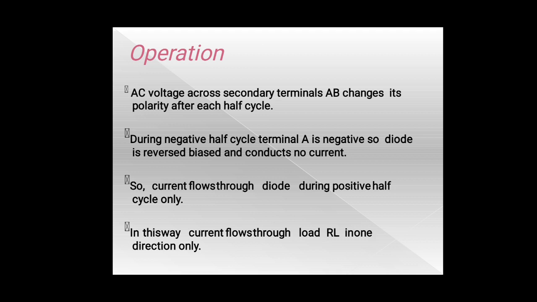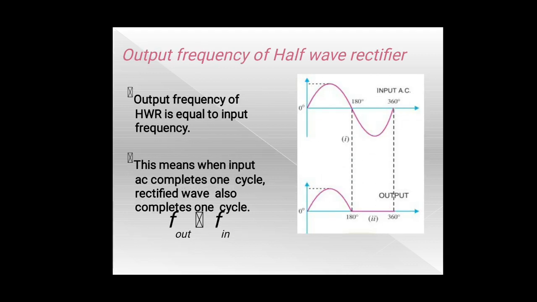In this way current flows through load RL in only one direction. So this is the input AC supply. The output appears as it is during only the positive half cycle, and there is no current during the negative half cycle, and hence the name half wave rectifier.